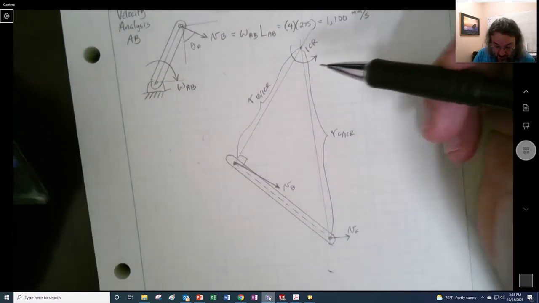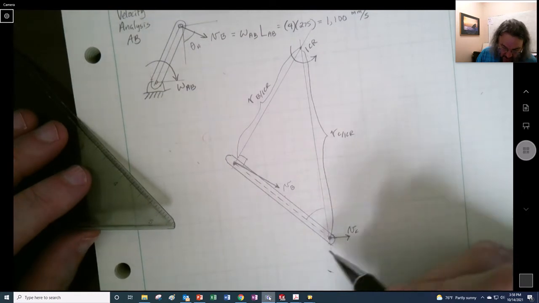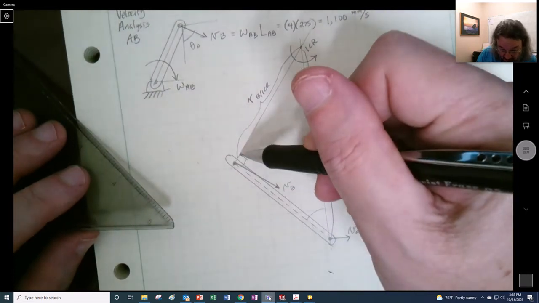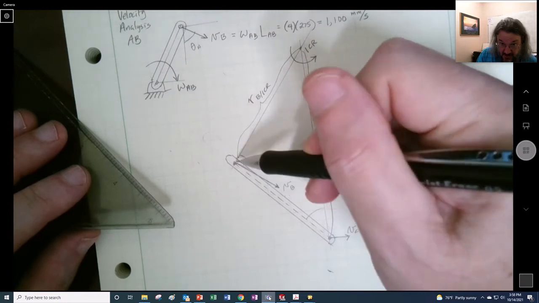Now we have a geometry challenge though. But we know a couple of things, right? First off, we know this angle right there has to be 45 degrees. Now, don't get confused in thinking that this line is perpendicular to this, because it's not.